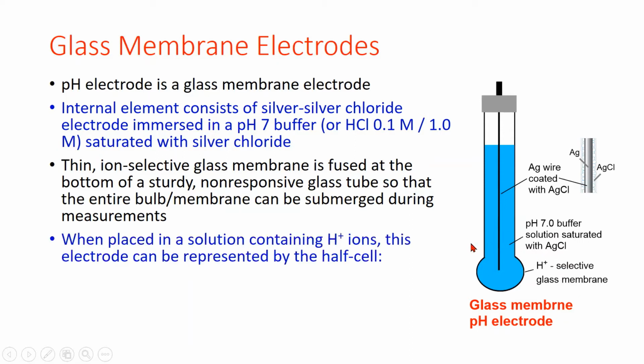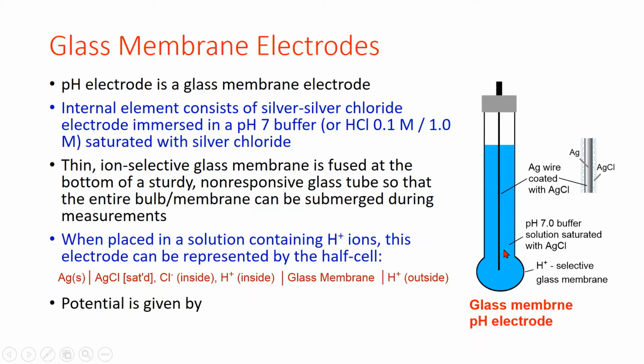When placed in a solution containing H ions, the electrode can be represented by the half cell: silver, solid, in contact with silver chloride saturated, chloride ions inside, H ions inside, then there is a glass membrane and H ions outside.